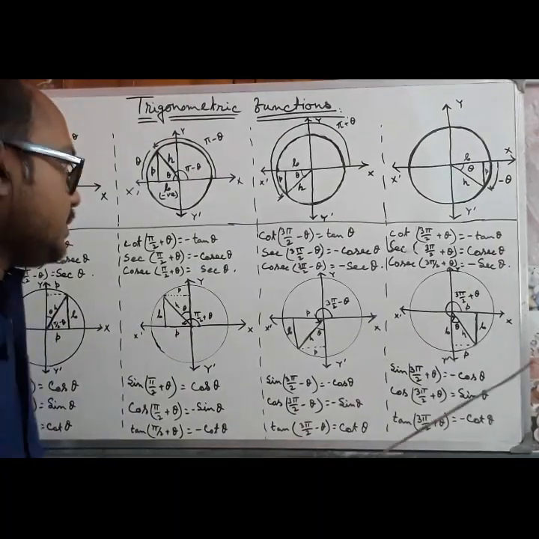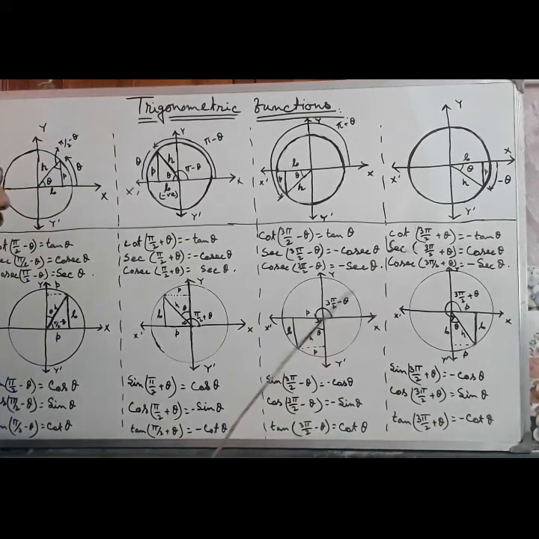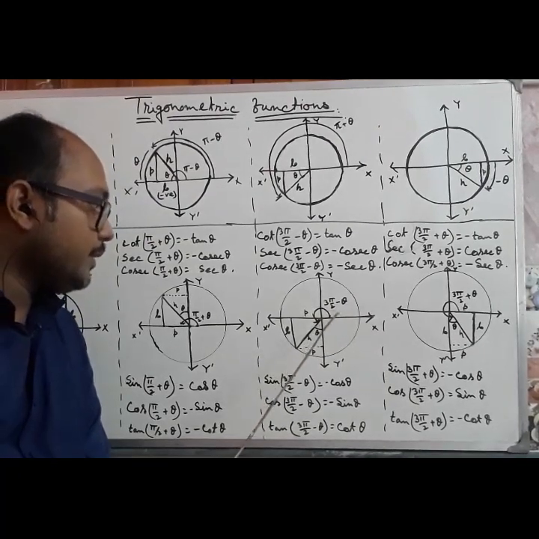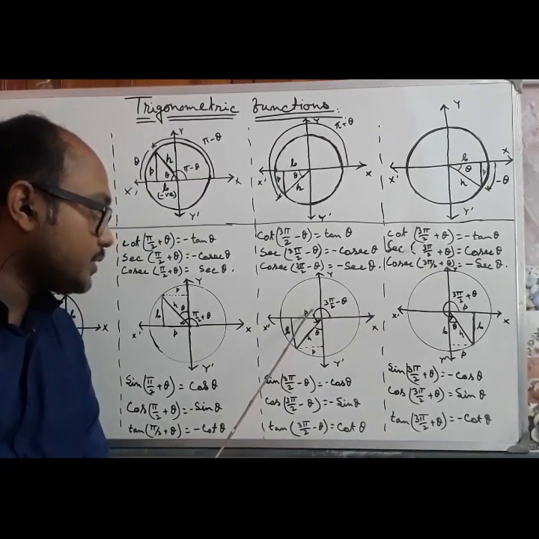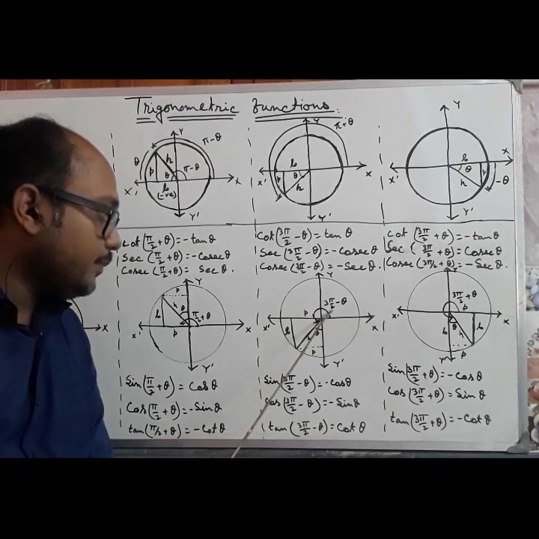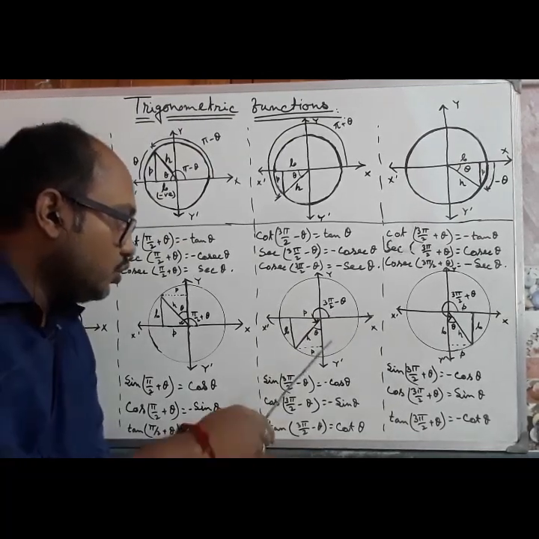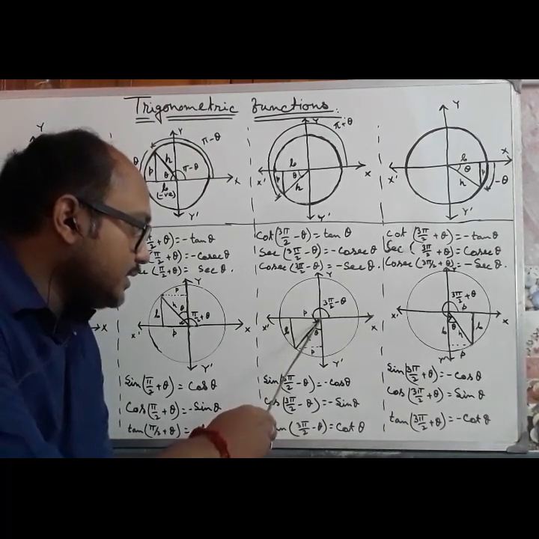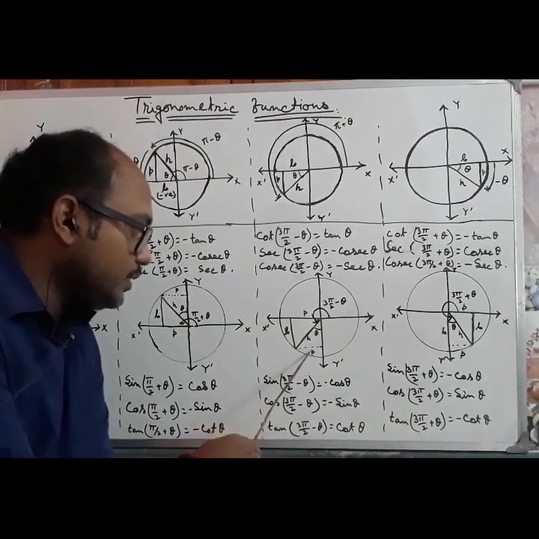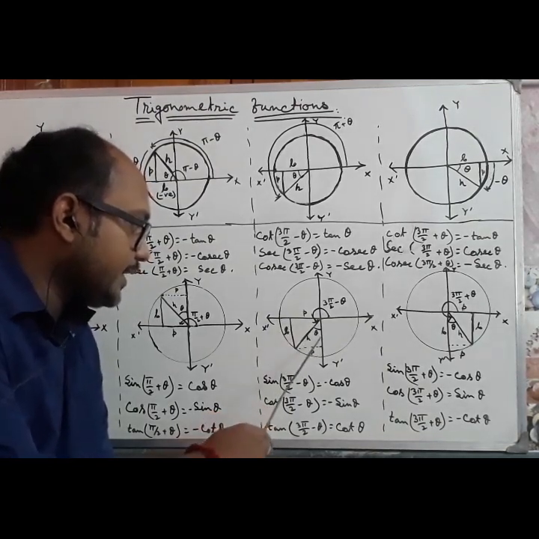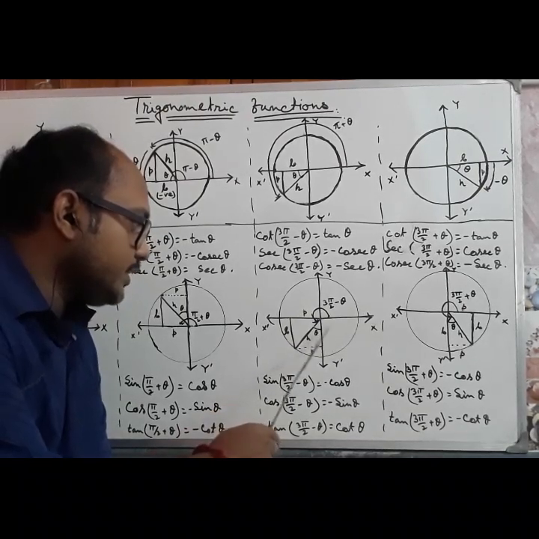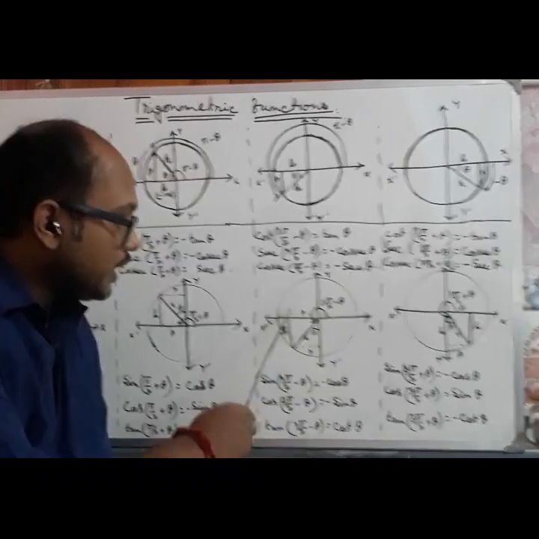Now we will discuss the values for the angle 3pi/2 - theta. You see, for 3pi/2, this point rotates through the angle 3pi/2 - theta. So this angle is theta. If this angle is theta, it forms a right angle here. This will be the perpendicular and this will be the base. So completing this rectangle, if this one is P, this will be P, and if this one is P, this will be B. Both are negative.